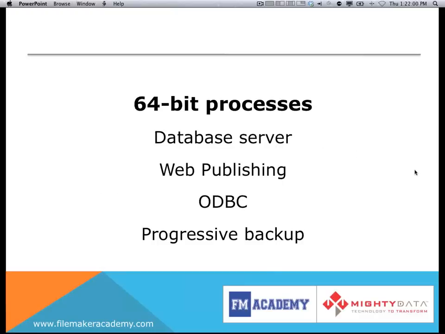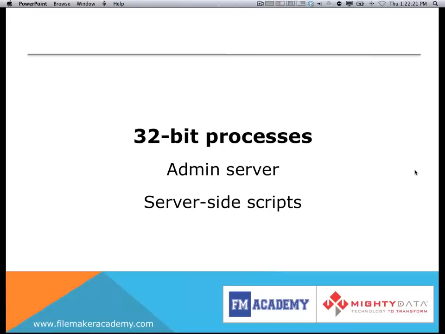The other thing I want to point out, we talked about separate processes earlier. Another benefit we get out of 64-bit is that some of the processes are now completely 64-bit: the database server, the web publishing engine, the ODBC or JDBC, and also progressive backup. All of those are 64-bit, which leaves two 32-bit processes, the admin server and server-side scripts.